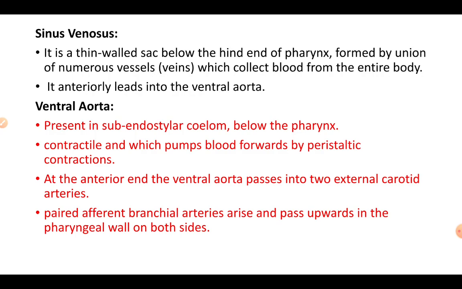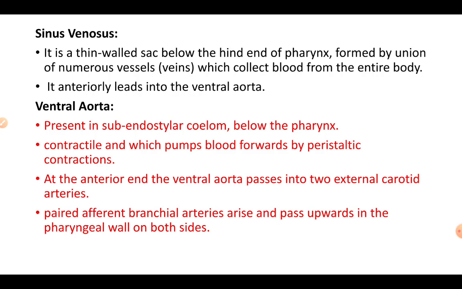While learning about the alimentary canal, we discussed this midgut diverticulum, so you know its position. The sinus venosus is a thin sac-like structure present at the hind end of the pharynx near the midgut diverticulum, and blood from all different parts of the body is carried by the veins and put into this sinus venosus.